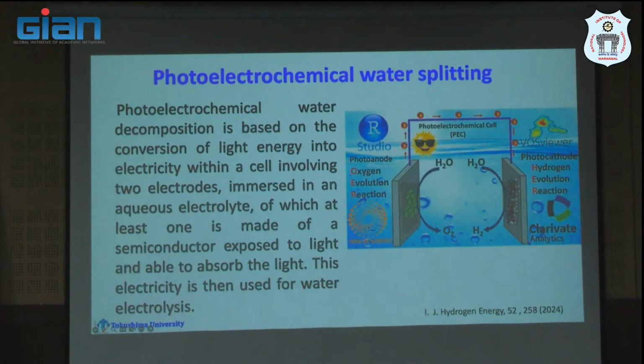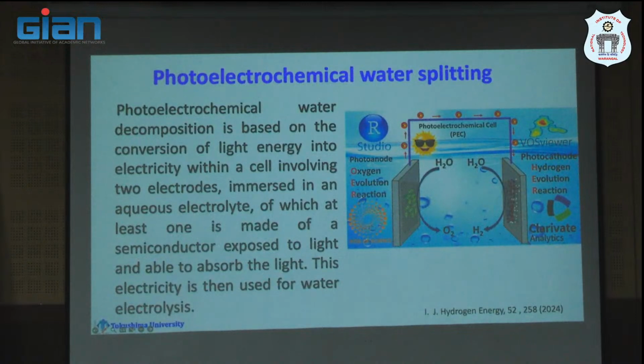When you use the light, we are in search of photosensitive material. If this electrode is photosensitive, then the process of production of hydrogen will be very fast. That's why we are looking for some kind of photosensitive electrode.